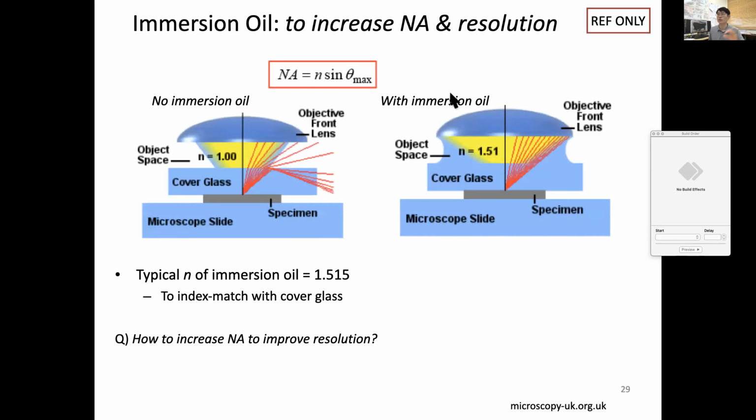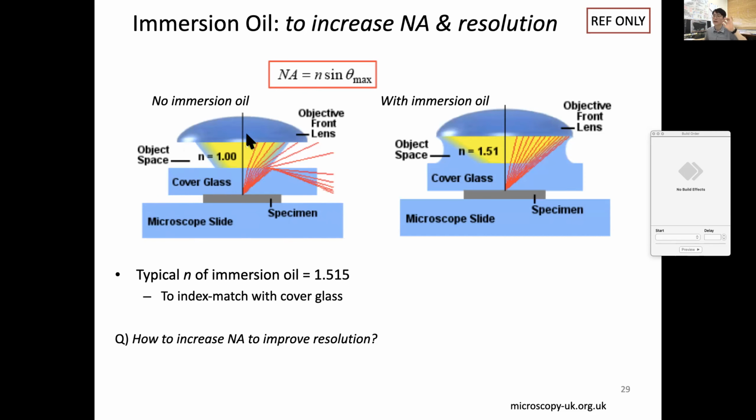And I want to show you why from this picture. So look at that. This is a microscope objective lens. And typically you have a microscope slide and you have a very thin, small specimen, and you have a regular microscope cover glass here.